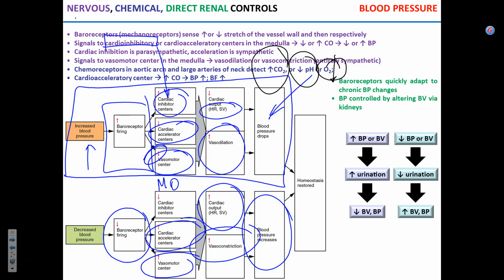Which one is under sympathetic and which one is under parasympathetic control? Very good. Cardioacceleratory is sympathetic control. Cardioinhibitory center is under parasympathetic control. We good? Clear?